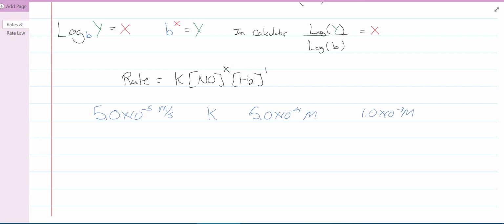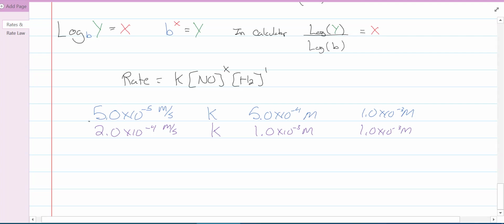Experiment 3, my observed rate is 2.0 times 10 to the negative 4th molarity per second. K, now it's 1.0 times 10 to the negative 3rd molar for NO, and 1.0 times 10 to the negative 3rd molar for H2. Excellent.